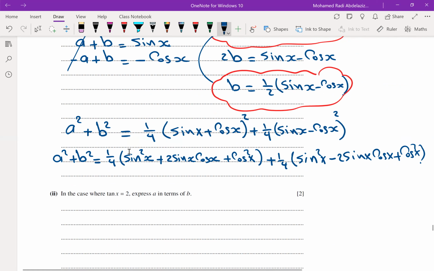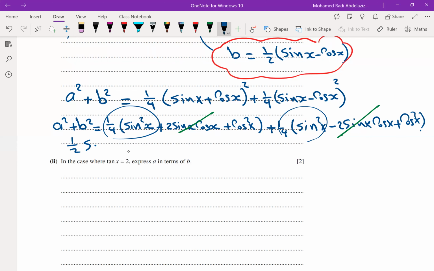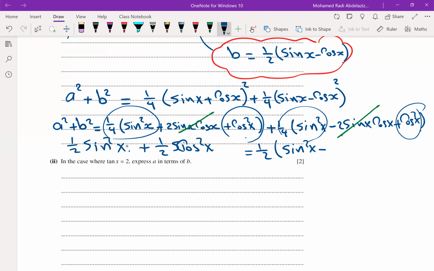If you look at the first expression and second expression, if you expand, multiply by 4, then simplify, you will get this part removed with this part, and the fourth sine squared and the fourth sine squared will be half sine squared x, and cosine squared with cosine squared, fourth and fourth, you will get half cosine squared x. If you take half outside, you will get sine squared x plus cosine squared x, which is equal to what?